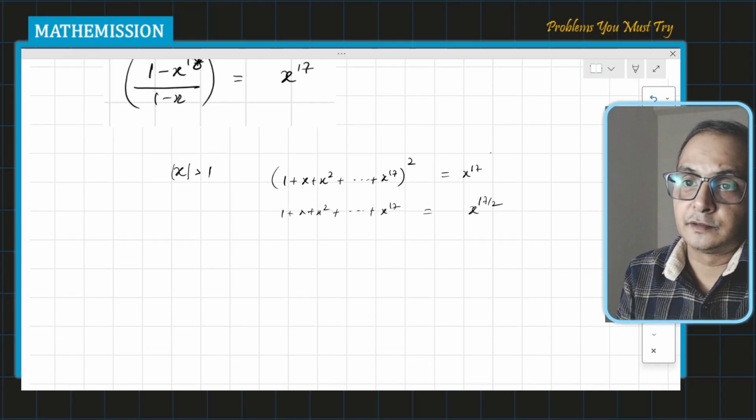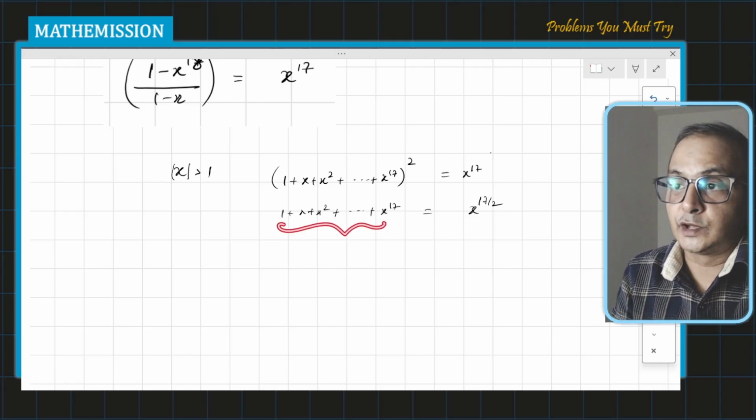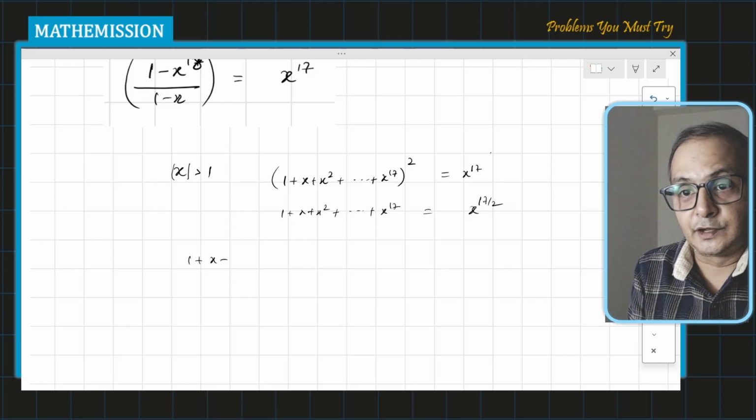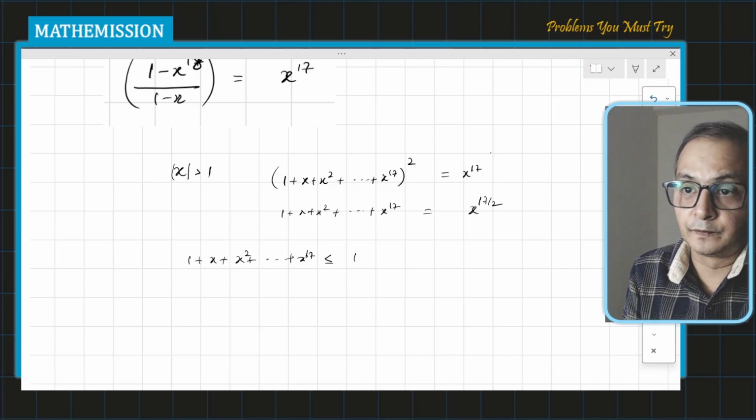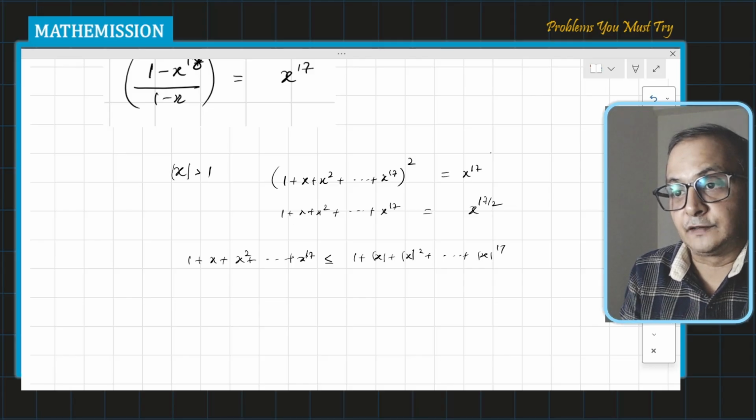Now here, since I'm considering the magnitude, and each of them are complex numbers, I'm going to apply the triangle inequality. So 1 plus x square till x to the power 17 is always lesser than or equal to the magnitude of each quantity, so mod x plus mod of x square plus mod of x to the power 17.